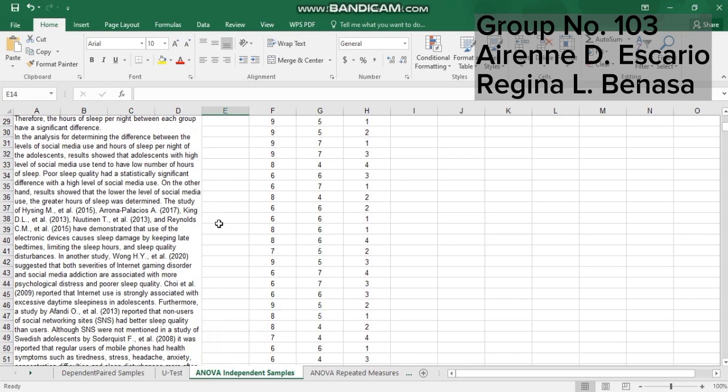Choi et al. 2009 reported that internet use is strongly associated with excessive daytime sleepiness in adolescents. Furthermore, a study by Afandi et al. 2013 reported that non-users of social networking sites, or SNS, had better sleep quality than users.